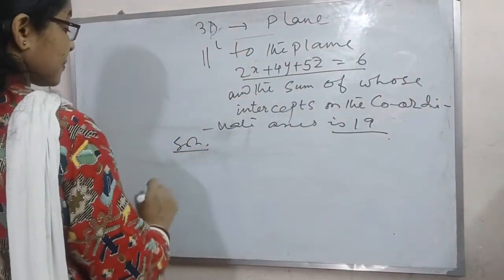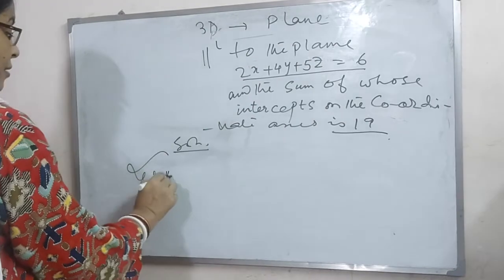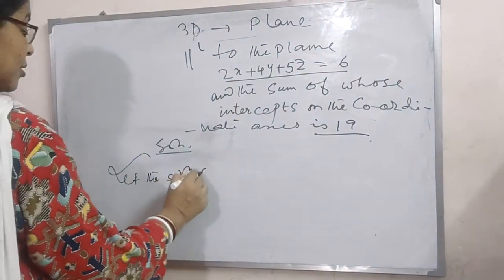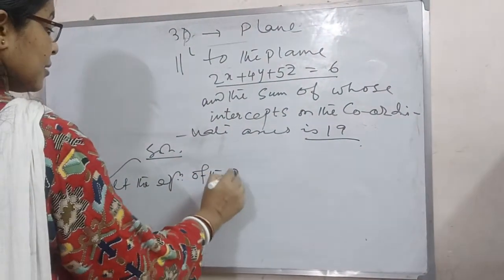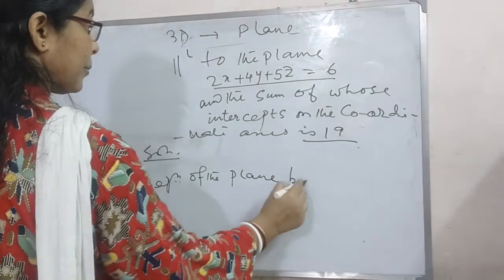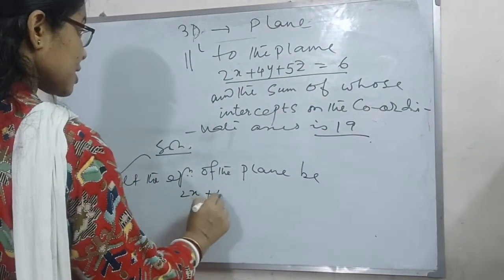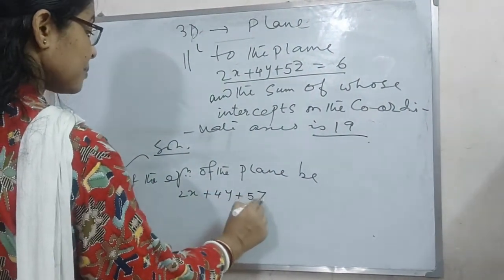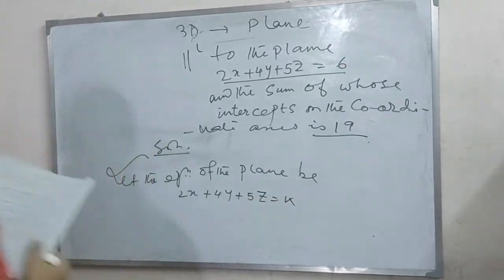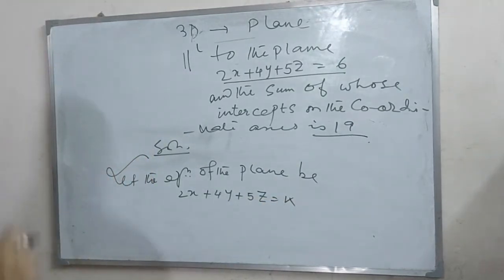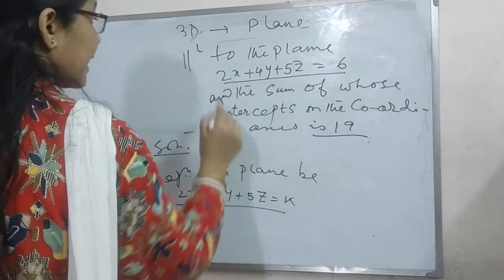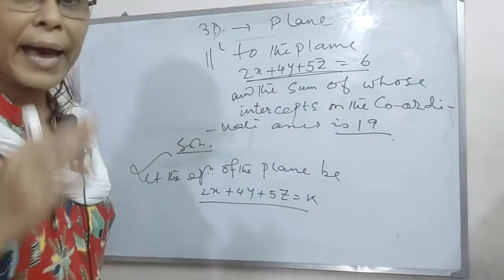Solution part. Let the equation of the plane be 2x plus 4y plus 5z equal to k, because this plane and the given plane are parallel.